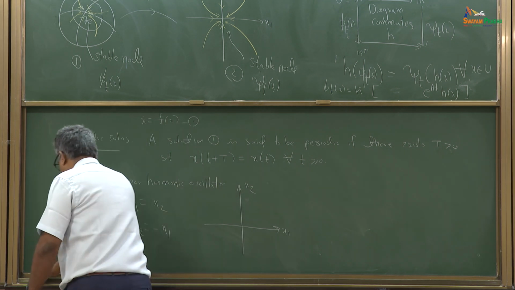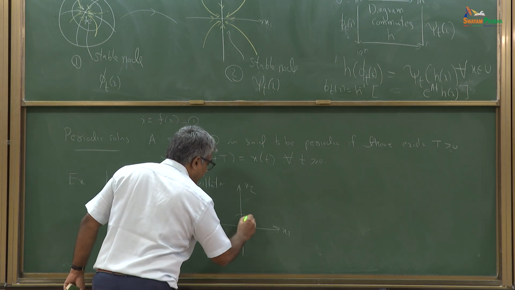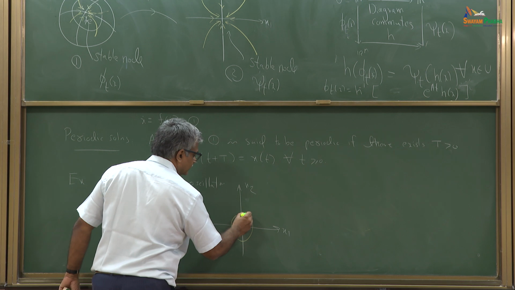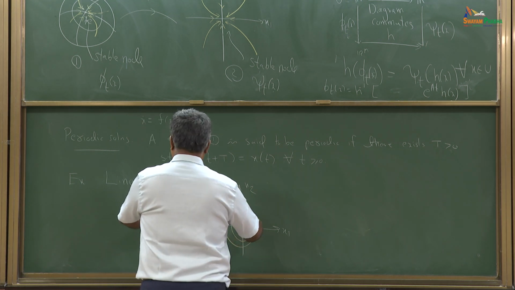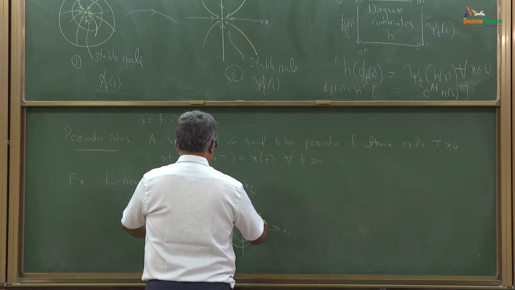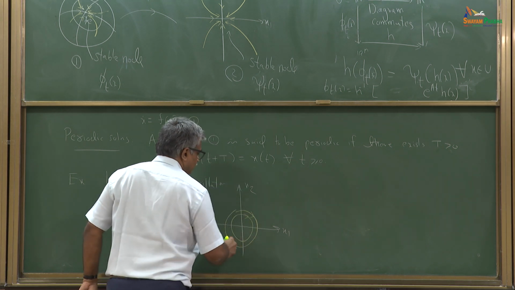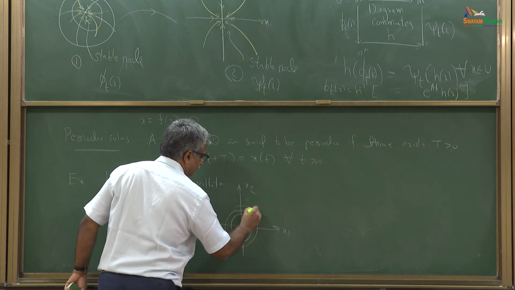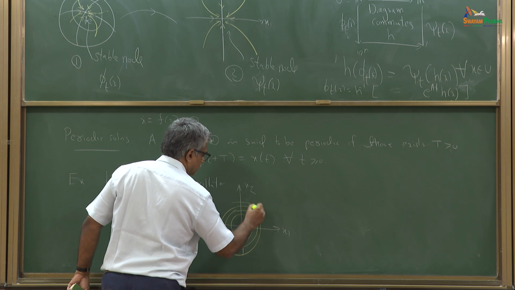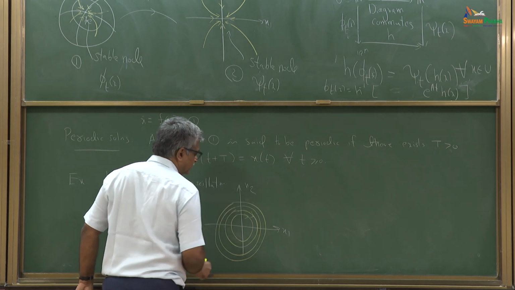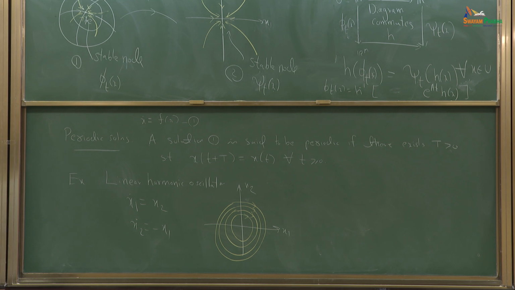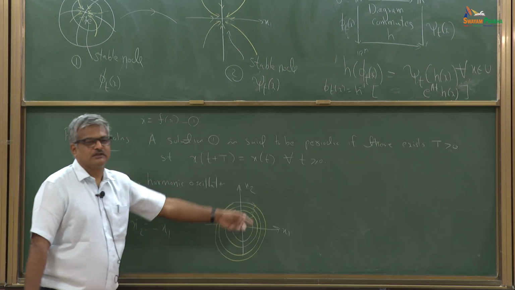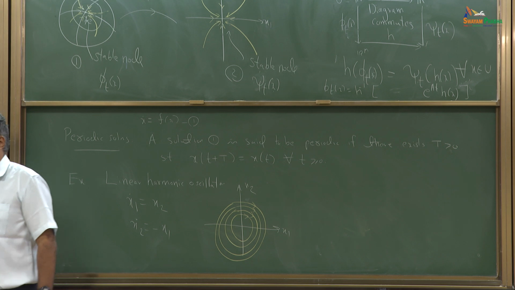They will be all closed orbits. There will be continuum of orbits, closed orbits. So this sense is correct. Even though I have marked all these orbits or the trajectories spaced out, you give me any initial condition, there is a closed trajectory corresponding to that.